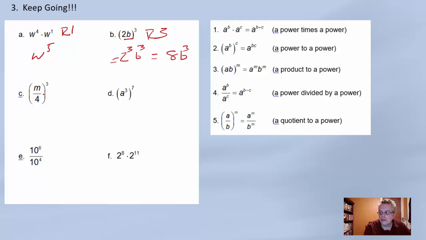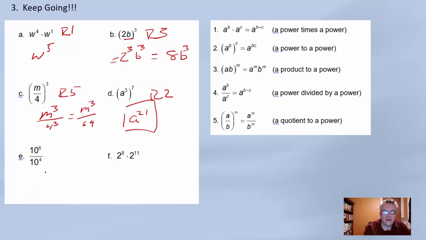This one, that's rule 5. A quotient raised to a power, so it would be M to the 3rd over 4 to the 3rd, which would be M cubed over 64. Power raised to another power, that's rule 2. So that'd be A to the 21. The base is 10. That's good.